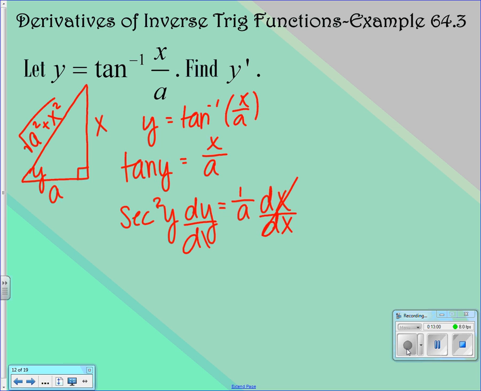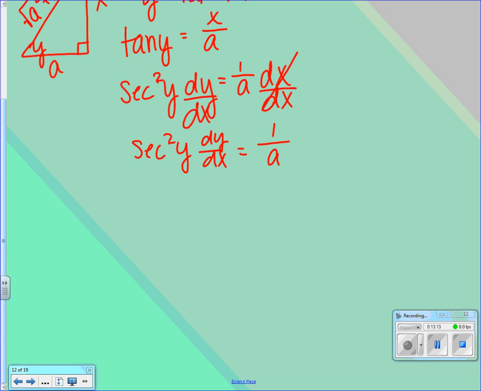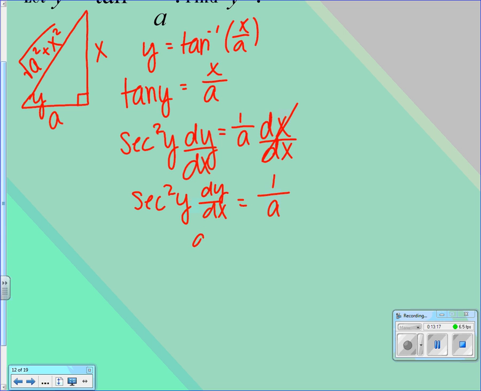So we divide by dx, and I have the secant squared y, dy over dx equals 1 over a. And so now we are going to divide by secant squared. And so we have dy over dx equals 1 over a times 1 over secant squared y.